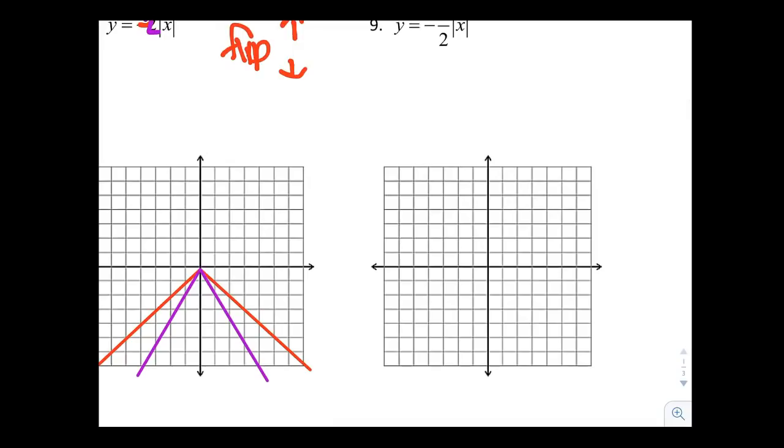Again, it's an absolute value. It's a V shape. It's going to cause a flip because of that negative sign. And then it gets skinnier. No, it gets fatter because it's a fraction.